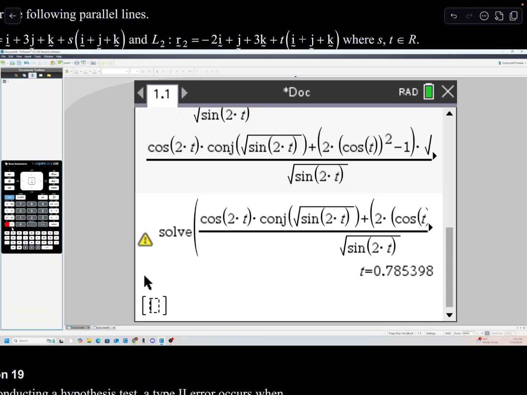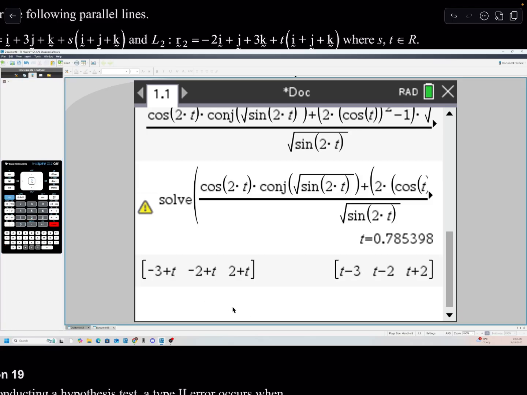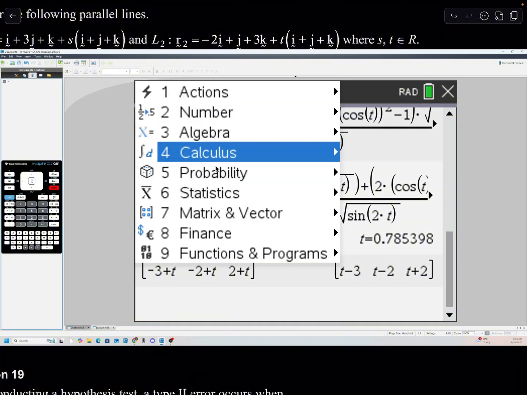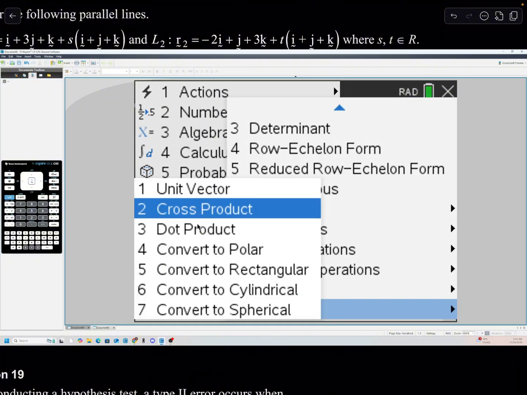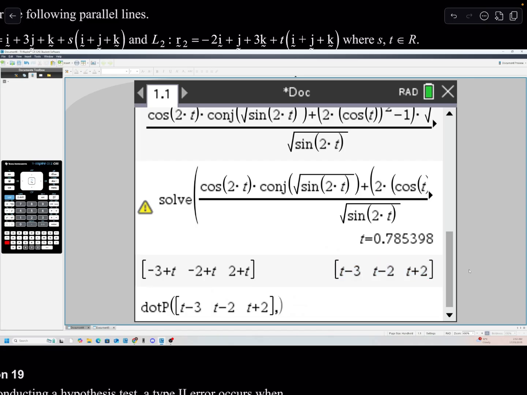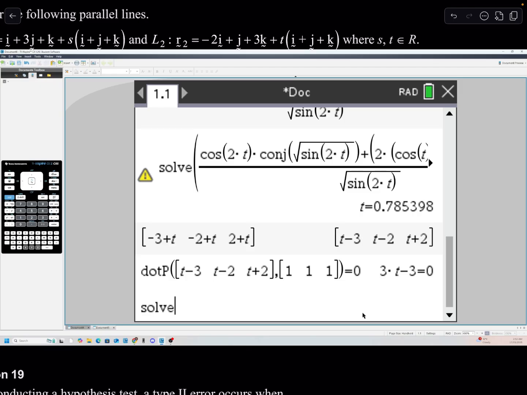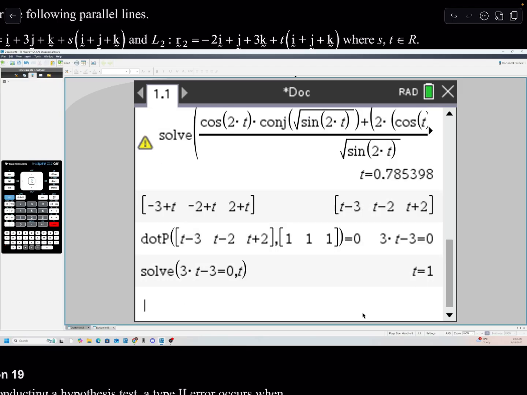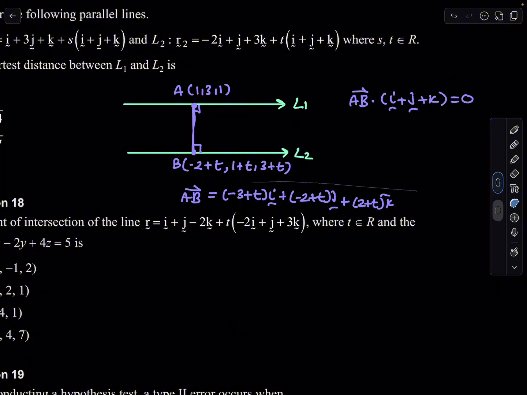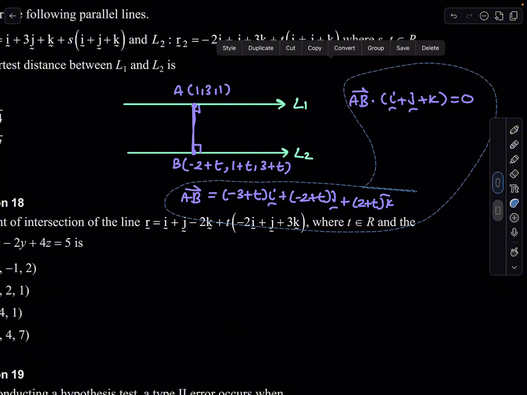So, for example, (-3 plus t, -2 plus t, 2 plus t) dot (1, 1, 1), and I want this to be equal to 0. Solving, t equals 1. So we've got so much work, but we've got the value of t: t equals 1.